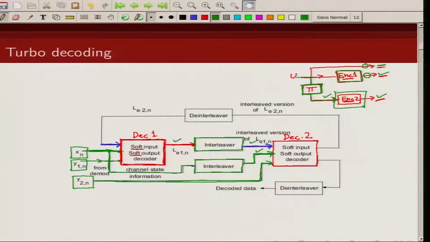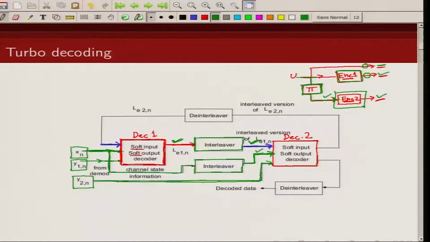So the estimates that decoder 1 gives about the information bits are interleaved and sent to decoder 2. This is to maintain the same order of the information sequence as being received by decoder 2. Because the information sequence here is an interleaved version of the information sequence here, we use this interleaver.